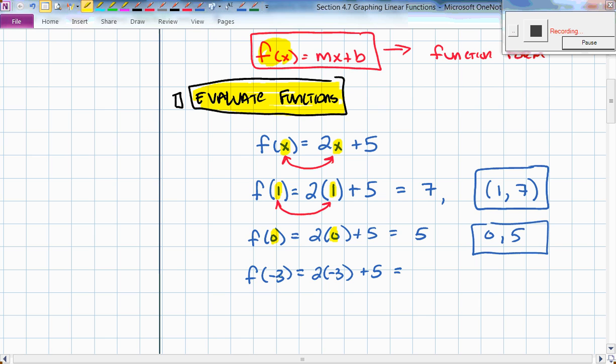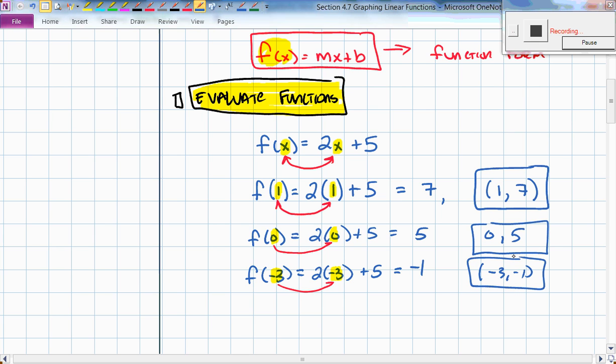And notice that whatever we have here when we evaluate the function, those have to match all the way down the line, right? So what's 2 times negative 3? Negative 6 plus 5. How much is that? What'd you get, Omar? Negative 1. And what's the point on the graph? Negative 3 comma negative 1.